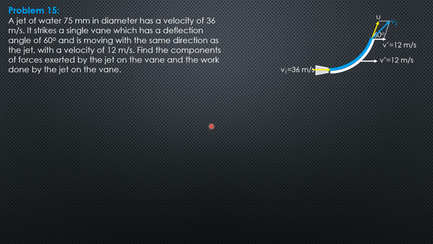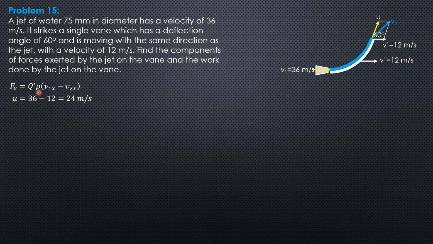So from the figure, Fx is q prime rho quantity v1x minus v2x. That's the formula, where q prime is area times u, and u is v1 minus v prime. So v1x, 36, minus v prime, 12, is 24 meters per second.